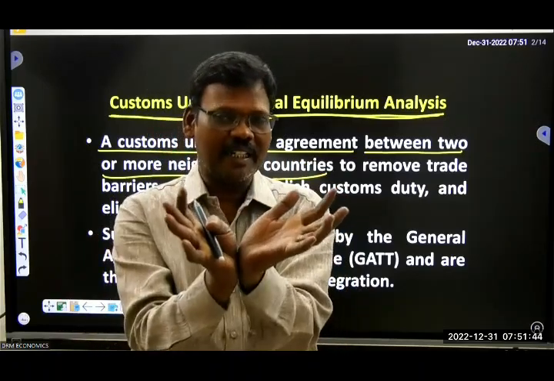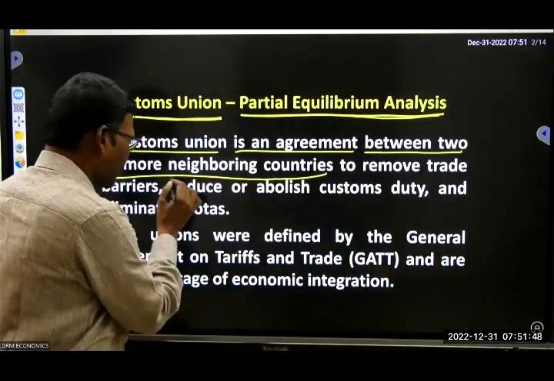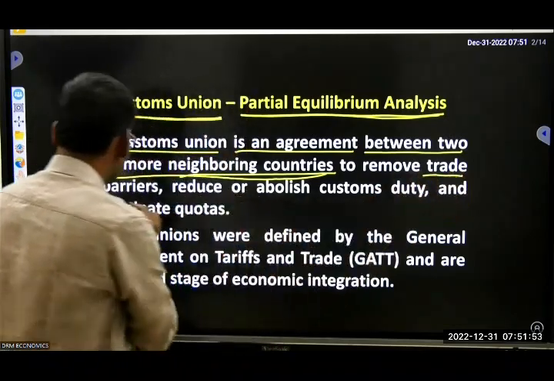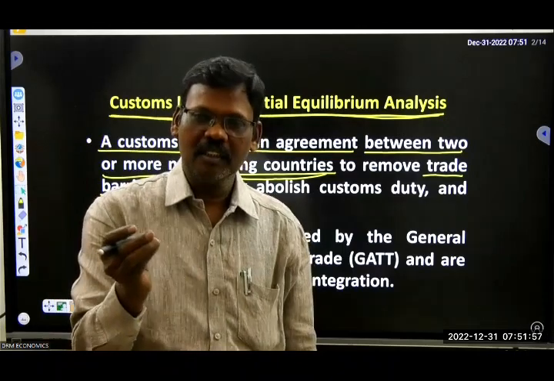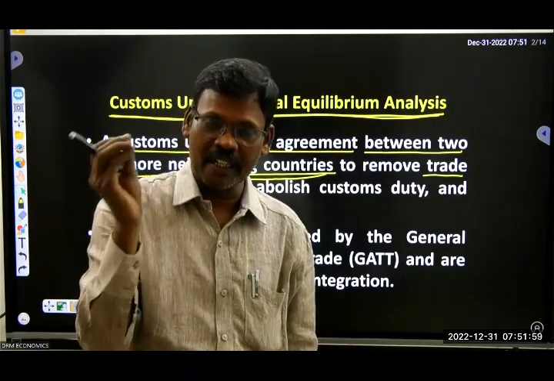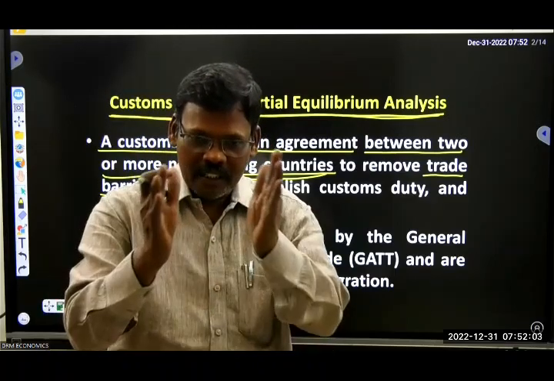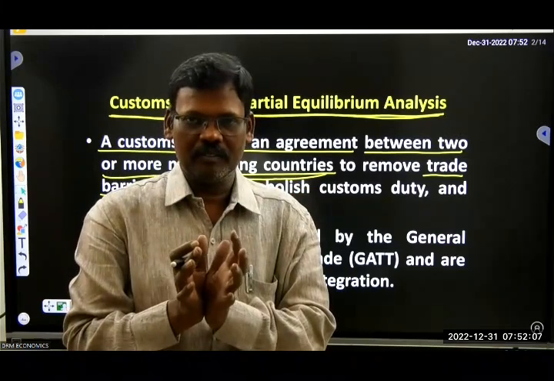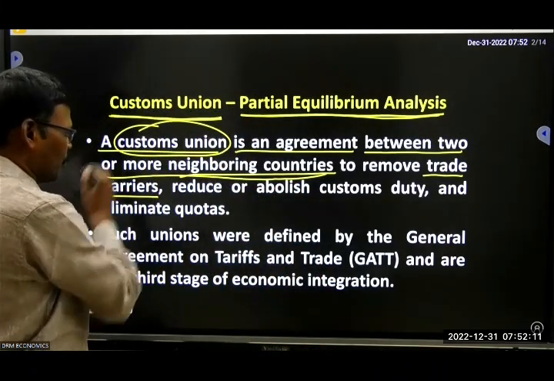The neighboring countries want to remove trade barriers. Whatever barriers or restrictions were there regarding trade, to remove them these neighboring countries have one agreement. That agreement may be known as the customs union.